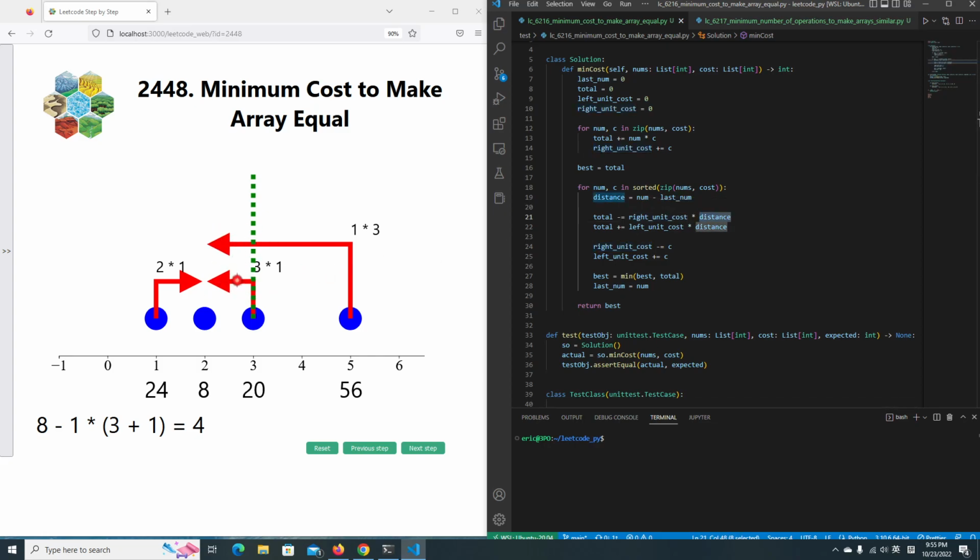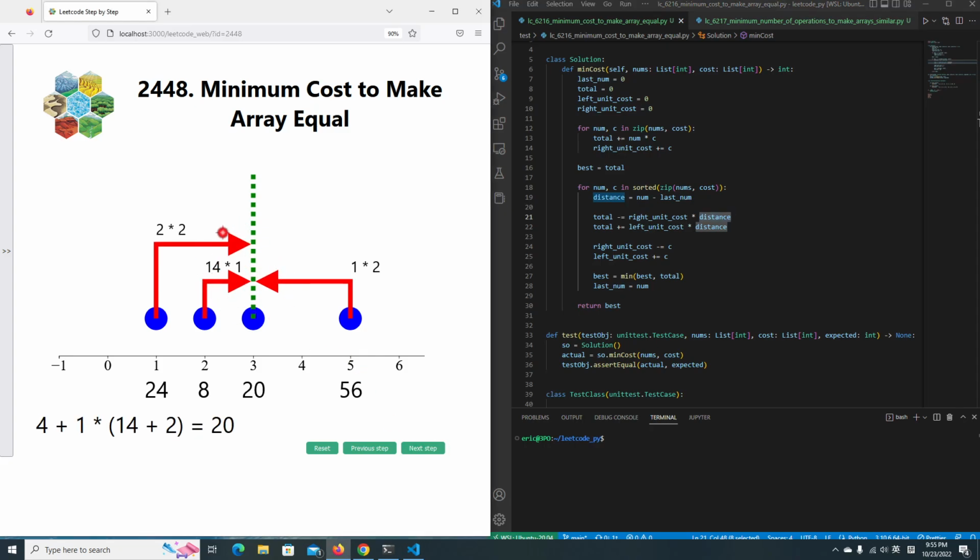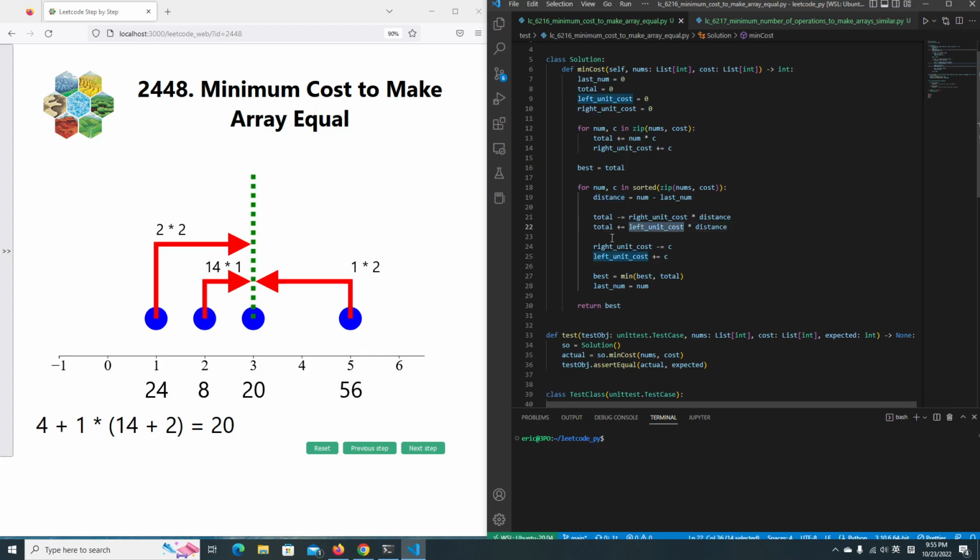We are going to subtract this part, and we are going to add the new part, the left part. So the left part is the left unit cost multiplied by the distance. So we will subtract some value and then add up some value. This will make our new total, and we will compare our new total with our previous value to find the best value.